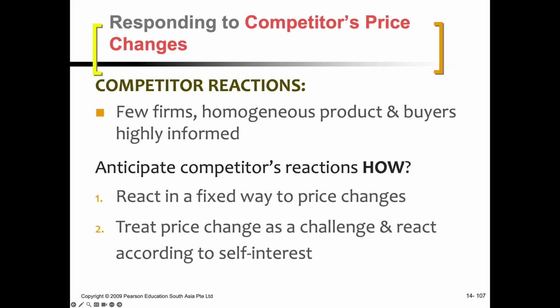Few companies, homogeneous products, and highly informed buyers. How to anticipate the competitor's reaction? You can react in a fixed way to price changes, or treat a price change as a challenge and react accordingly to self-interest.